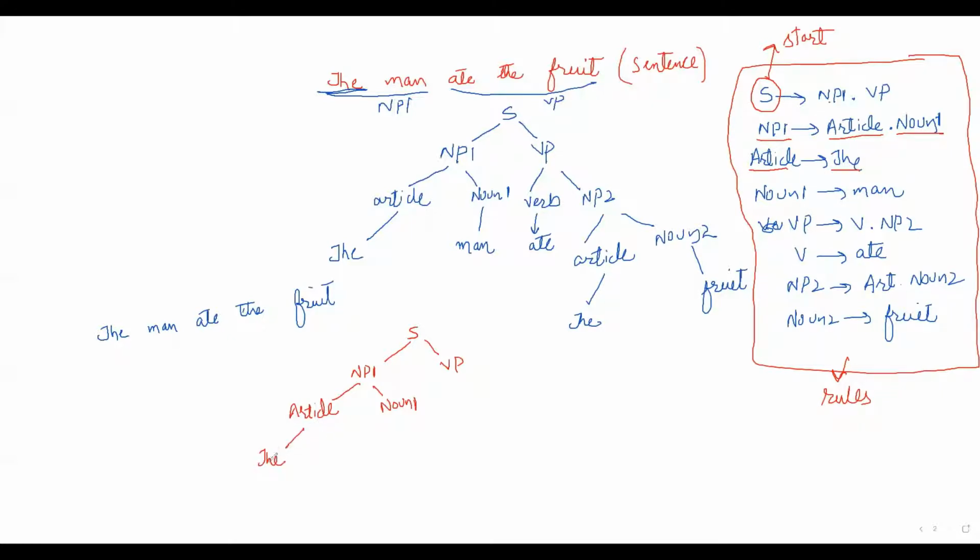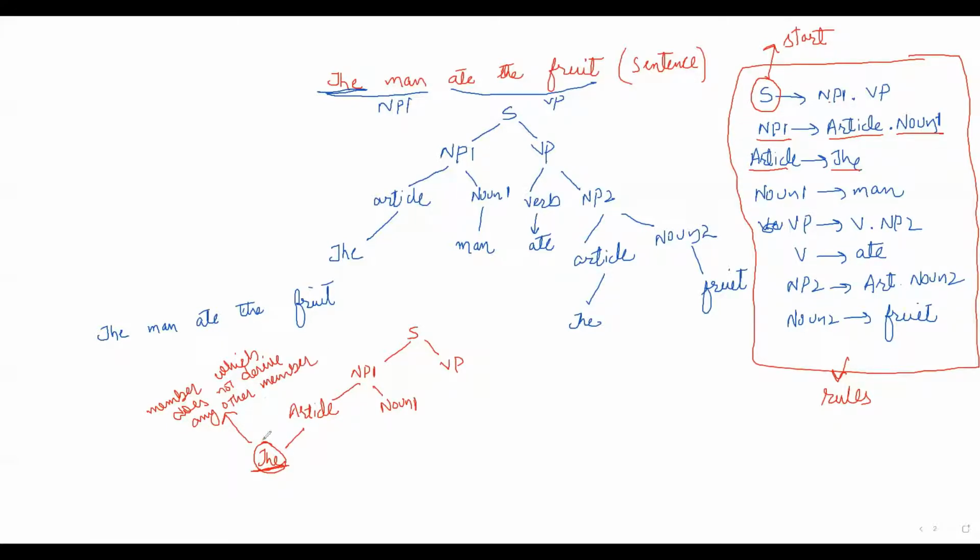Is there any other left? No, we have completed. We reach this member. This member does not derive any other thing. This is a member in these rules which does not derive any other member.